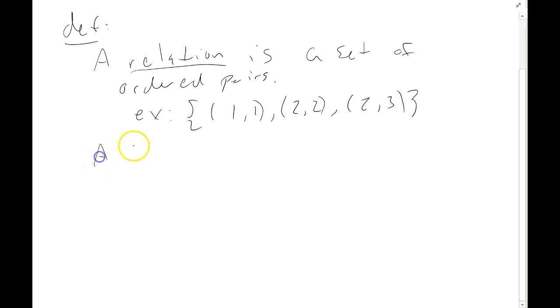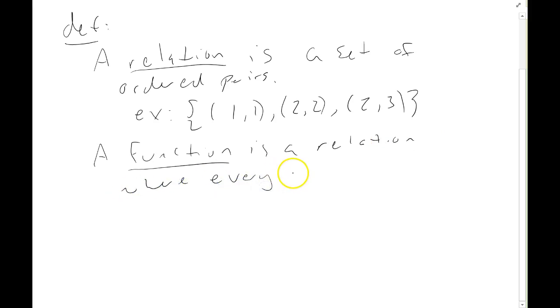And if you remember from earlier this year, we said a function is a relation where every input pairs to exactly one output.